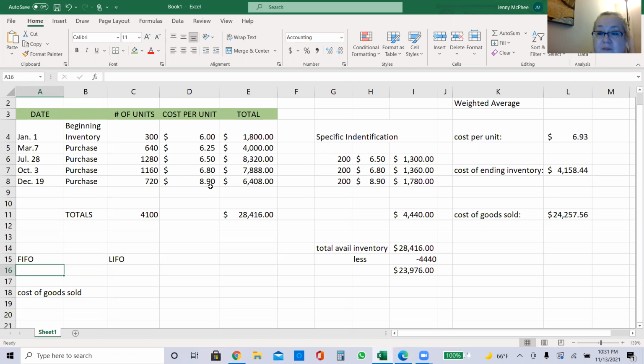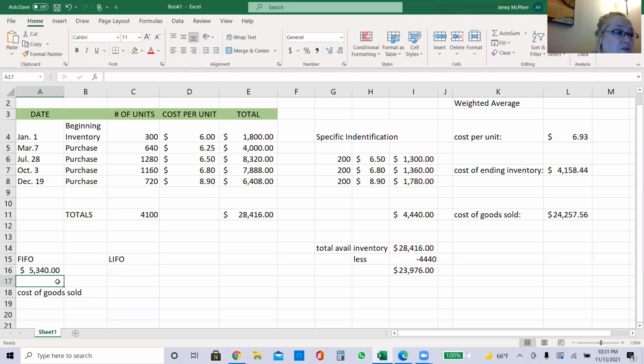So they're all going to be the same price. So it is the 600 times this $890 a piece. And that gives us our ending inventory cost worth.